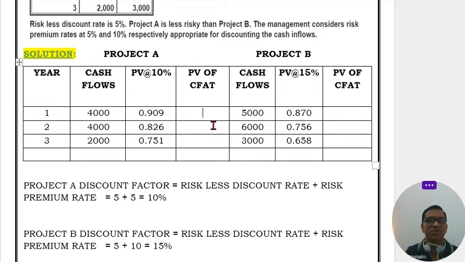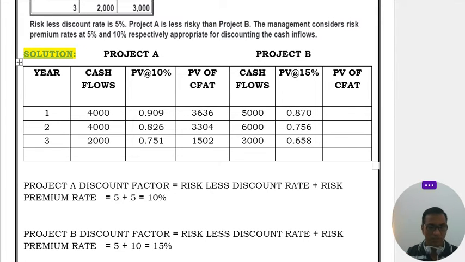So now PV of CFAT. How will we get PV of CFAT? Cash flow multiplied by PV at the rate of 10%. 4,000 multiplied by 0.909 is 3,636. 4,000 multiplied by 0.826 is 3,304. 2,000 multiplied by 0.751 is 1,502.